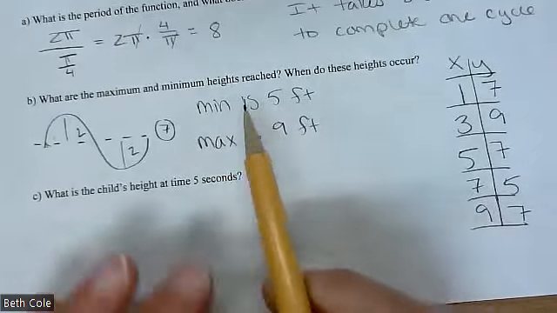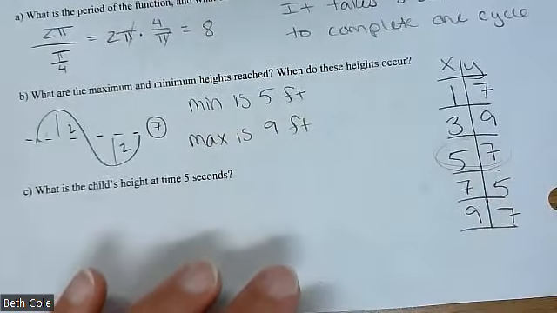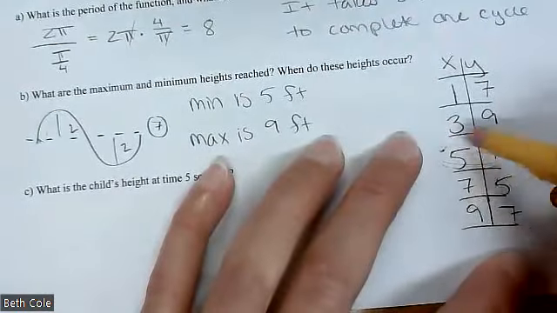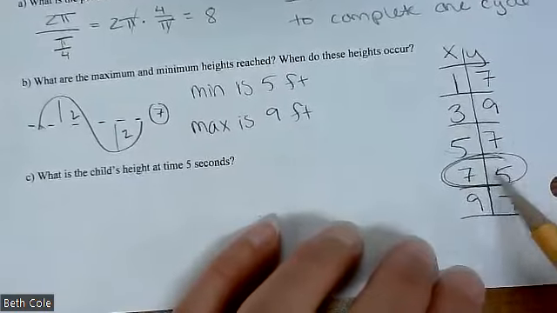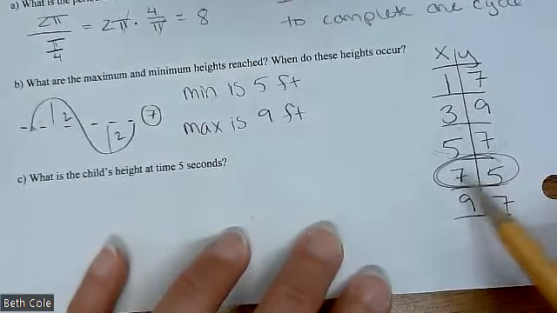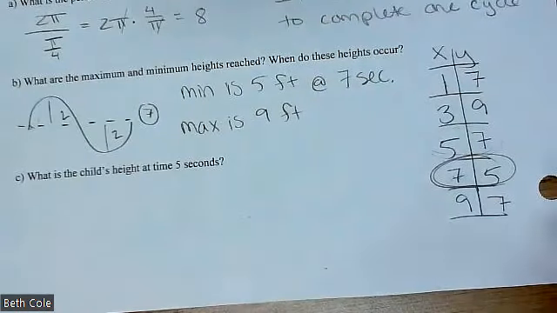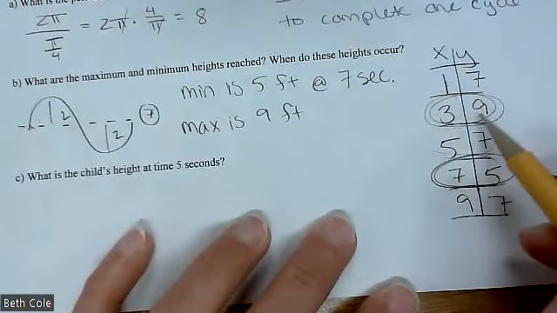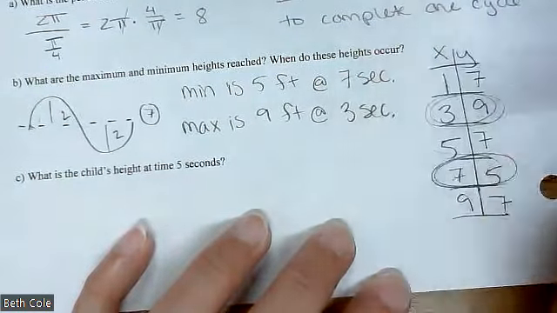So to finish answering the question, your minimum is 5 feet. Oh, whoops, I circled the wrong one. Your minimum is 5 feet at what time? At 7 seconds. And then your 9 feet is at 3 seconds.